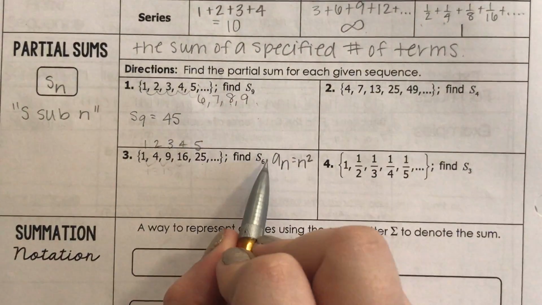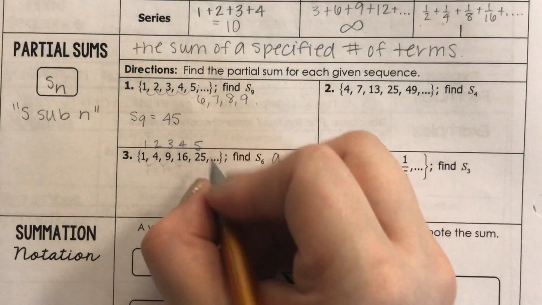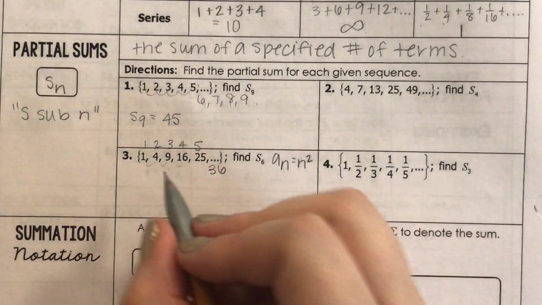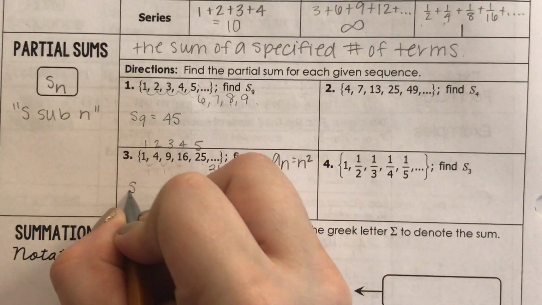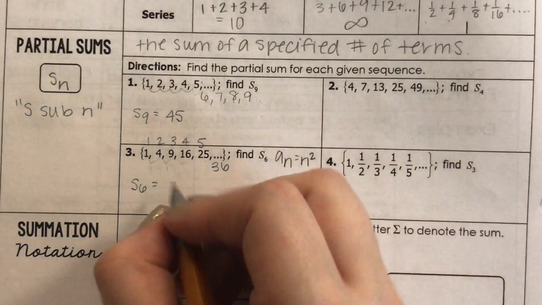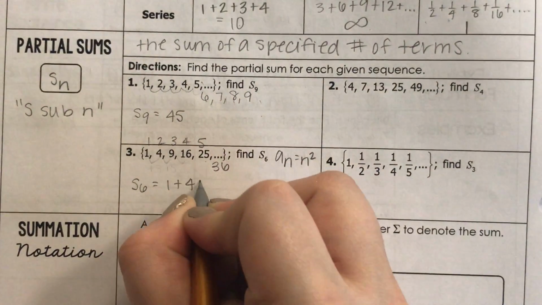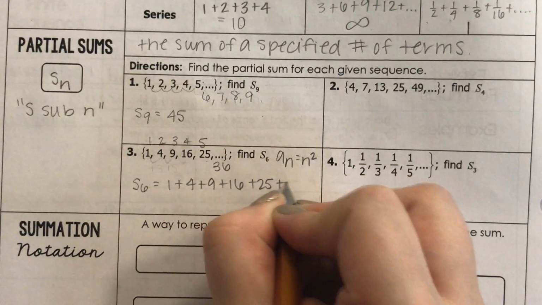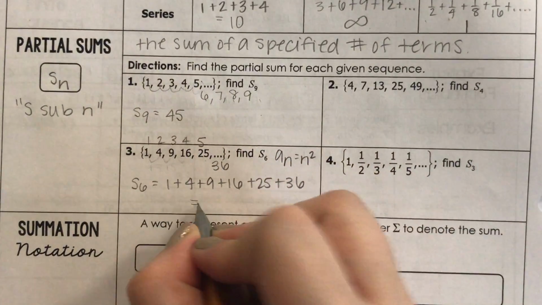They want the sum of the first 6 terms. So we know that the next term is going to be 36 because these are all the perfect squares. And we're going to add all these together. So S sub 6, 1 plus 4. So to help you out, I'll write it all out. 1 plus 4 plus 9 plus 16 plus 25 plus 36.